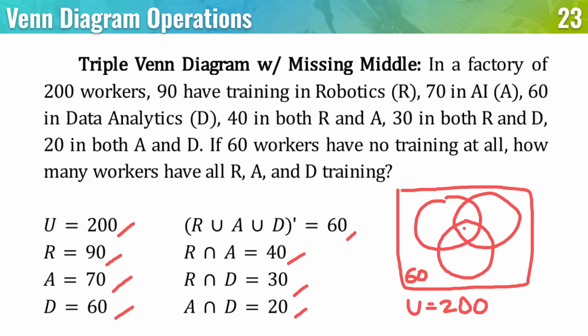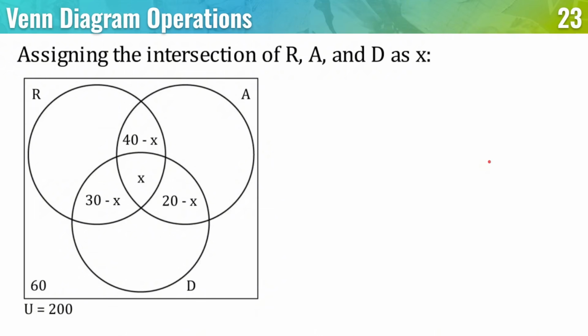We do not know the middle, so we represent it as X. So this is our starting Venn diagram. So next we have to assign the intersection of R, A, and D using X. And then the intersections beside it also need X in them.